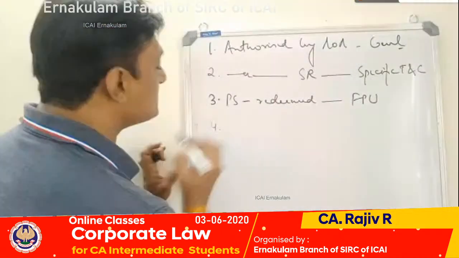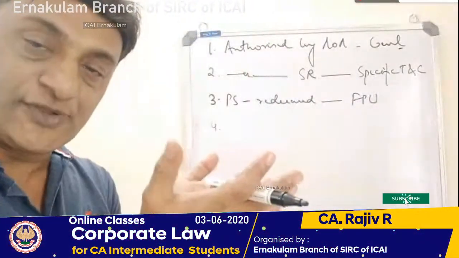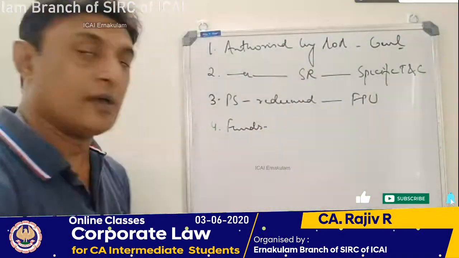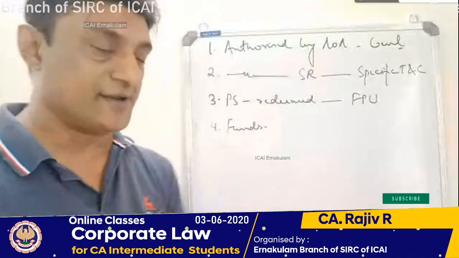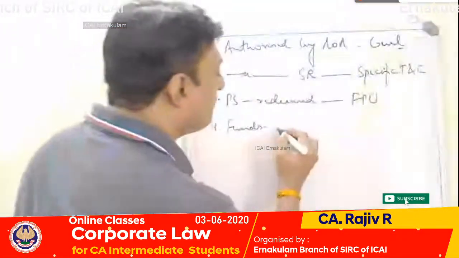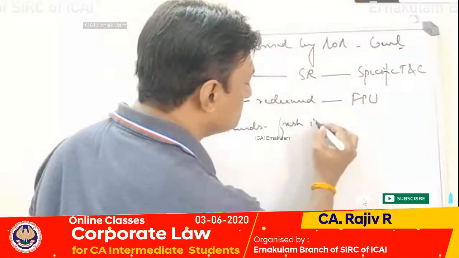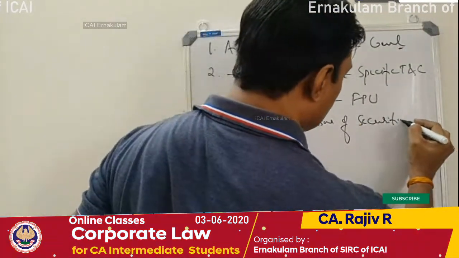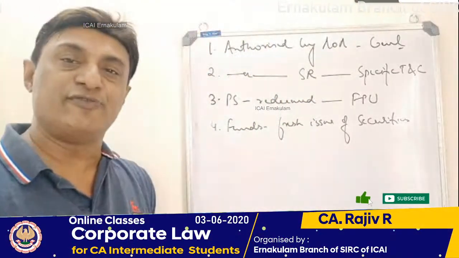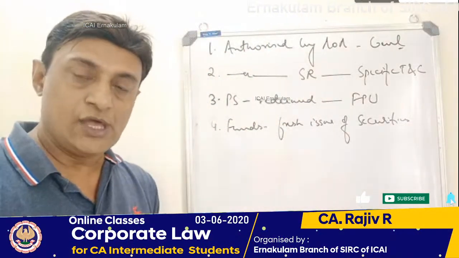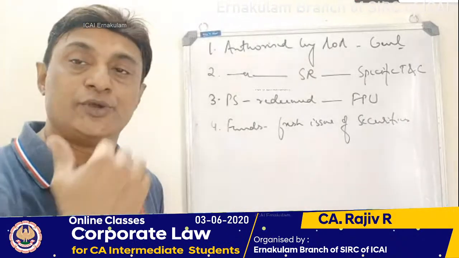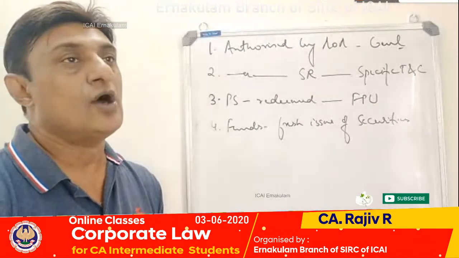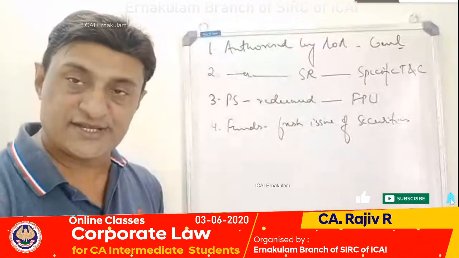The fourth condition is that the funds for the redemption may be raised either through a fresh issue of securities which is made exclusively for that purpose. To redeem preference shares, I issue debentures, or to redeem preference shares, I issue preference shares again, or to redeem preference shares, I issue equity shares.